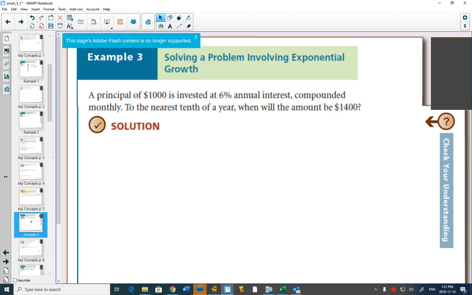Now that formula is no longer on your formula sheet. They took that formula off your formula sheet, which initially makes you think, does that mean I have to memorize it? No. For all the formulas that they use in this unit, they will give you the formula on the exam, and then with what everything stands for.